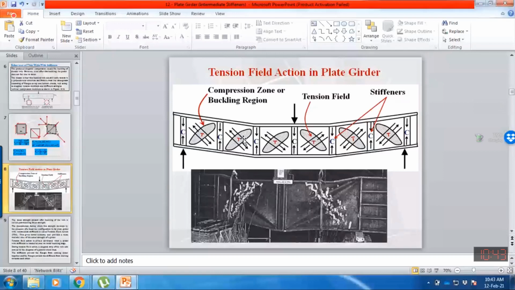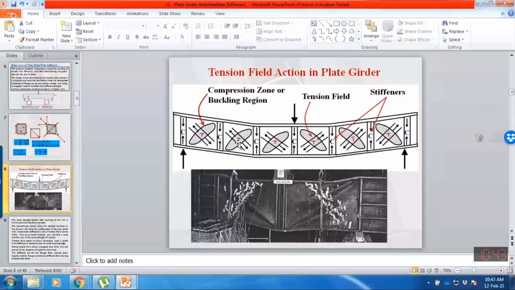The phenomenon in which this tensile force develops in the plate girder is referred to as tension field action. The mechanism by which the tensile force developed in the web after buckling is balanced by the intermediate stiffeners and the flanges is referred to as tension field action.